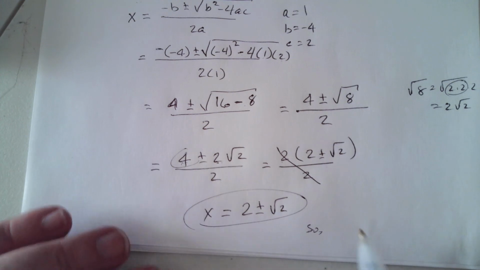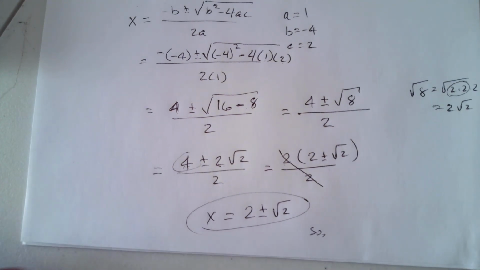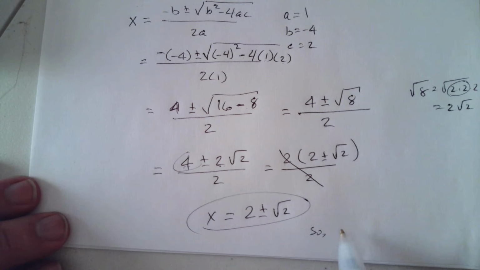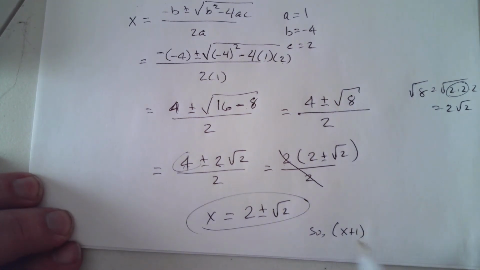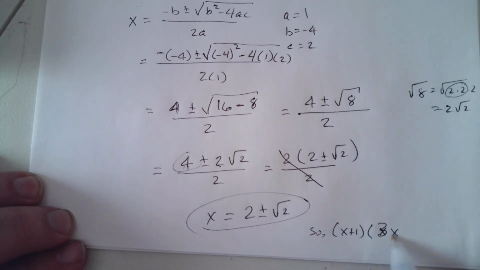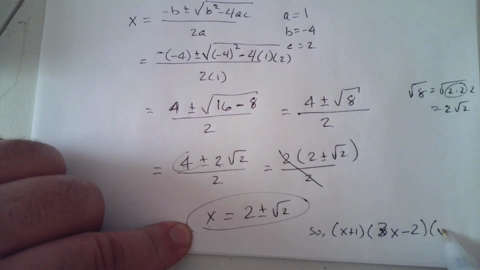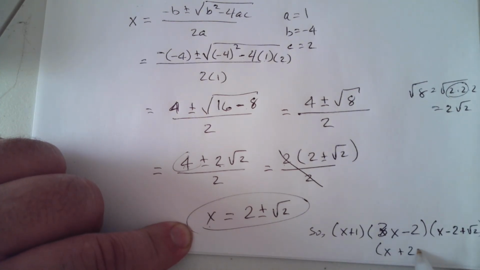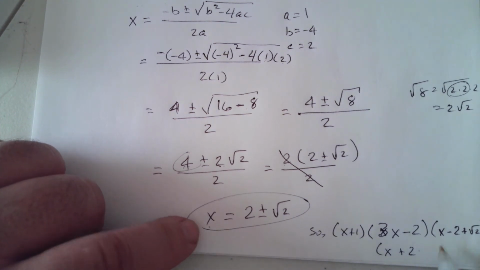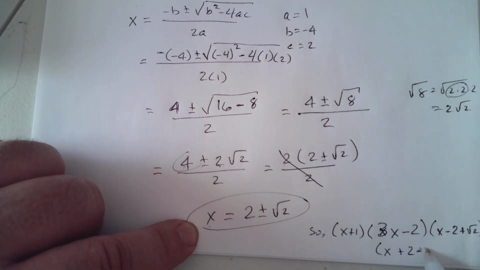So our factors we calculated were x plus 1, 3x minus 2, x minus 2 plus radical 2, x minus 2 minus radical 2.